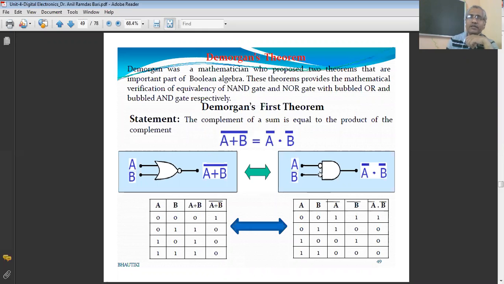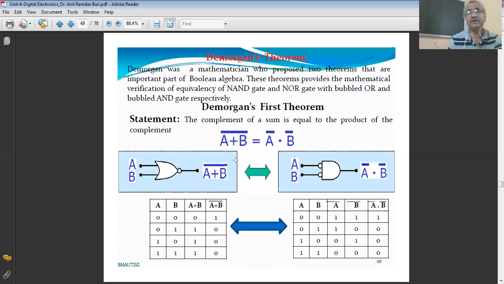The output of the first NOT gate is A complement, and the output of the second NOT gate is B complement. The AND gate gives A dot B, so this is A complement dot B complement. So remember, the theorem (A plus B) complement is equal to A complement dot B complement, and this is called DeMorgan's first theorem.